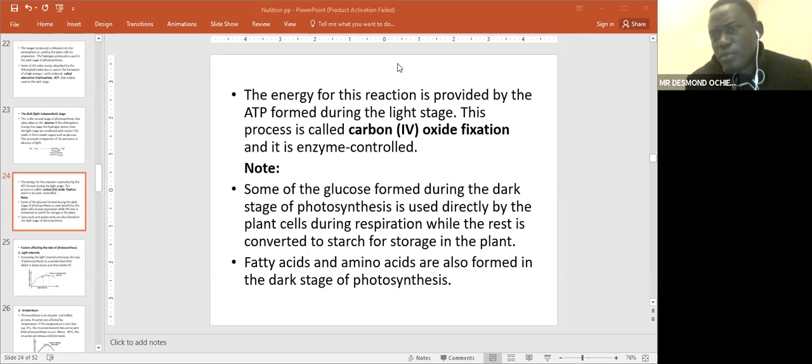Starch is insoluble. So because starch is insoluble, it can be stored for future use. Glucose is soluble, and so it can dissolve and get used up immediately, while starch is insoluble, and so it can be stored for future use by the plant.